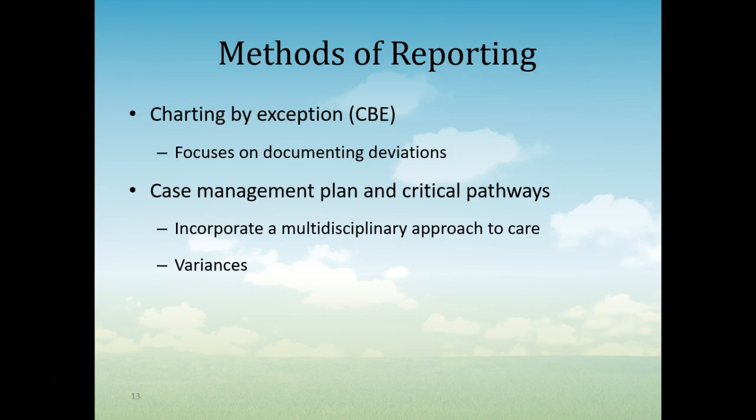So the philosophy of charting by exception, which is what we do, is that a patient meets all standards unless otherwise documented. This has become very popular since we started documenting in an electronic health record. The predefined statements used to document nursing assessments of body systems are called within defined limits or within normal limits. They consist of written criteria for a normal assessment for each body system.